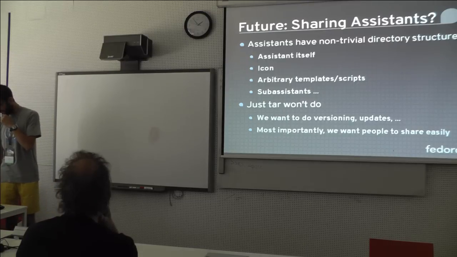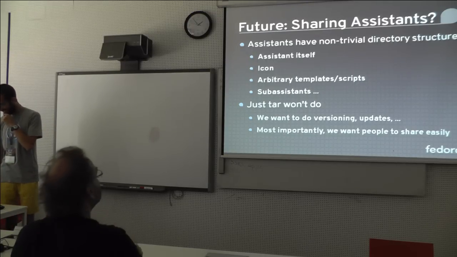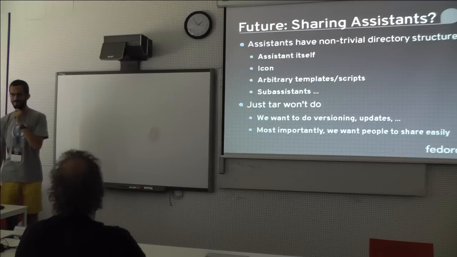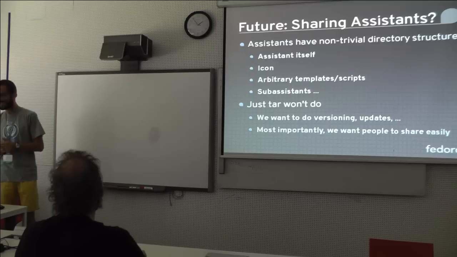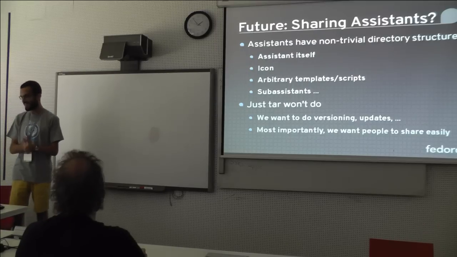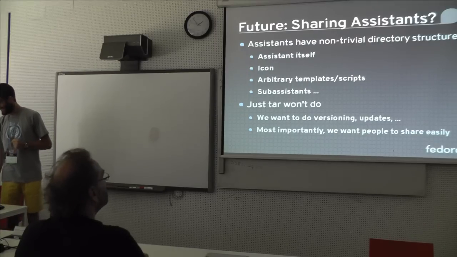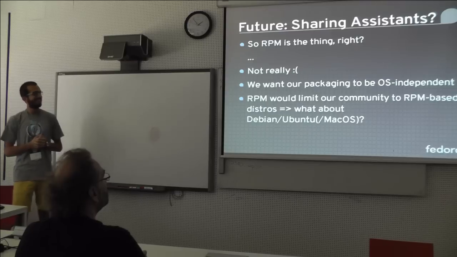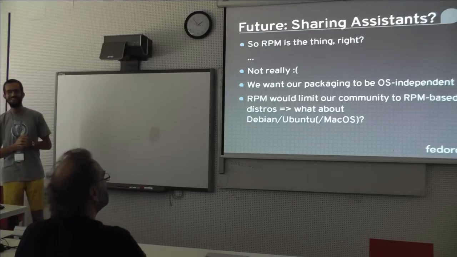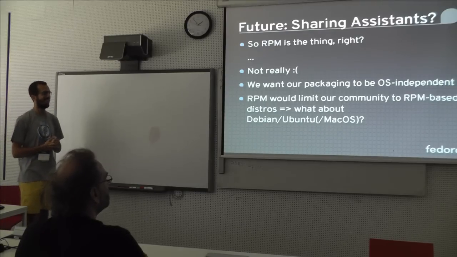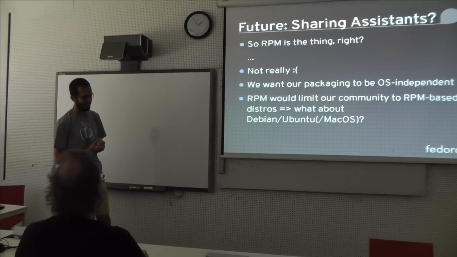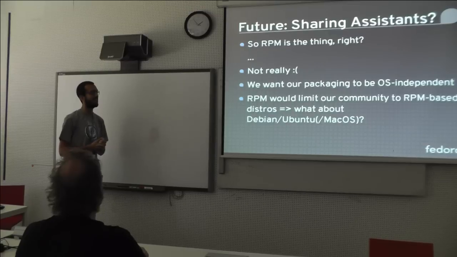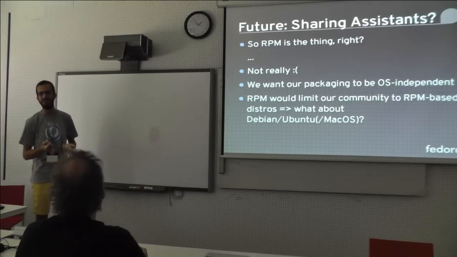Now the next slide, and I'm still looking at the people here. I'm a bit scared to push the next button because it's a bit controversial. You might think, and I thought that at first too, that RPM is everything we need, right?